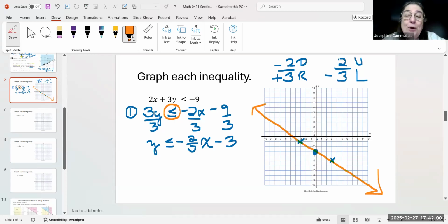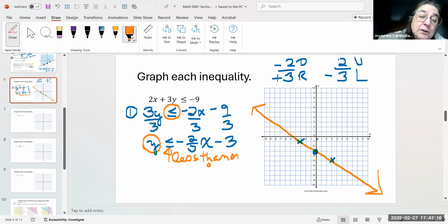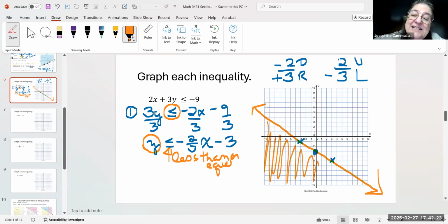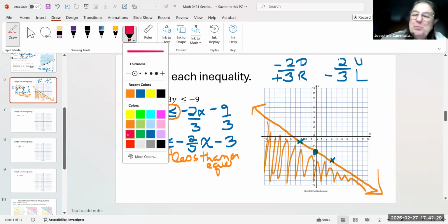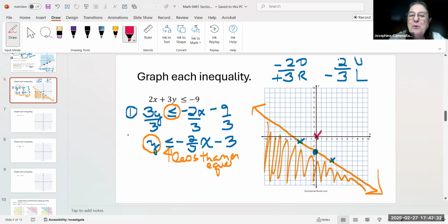Now, we're going to translate. I'm looking for all of the y values, and notice this is less than or equal to the line, which means I'm shading below the line. Well, again, look at my beautiful point right here, 0, 0.